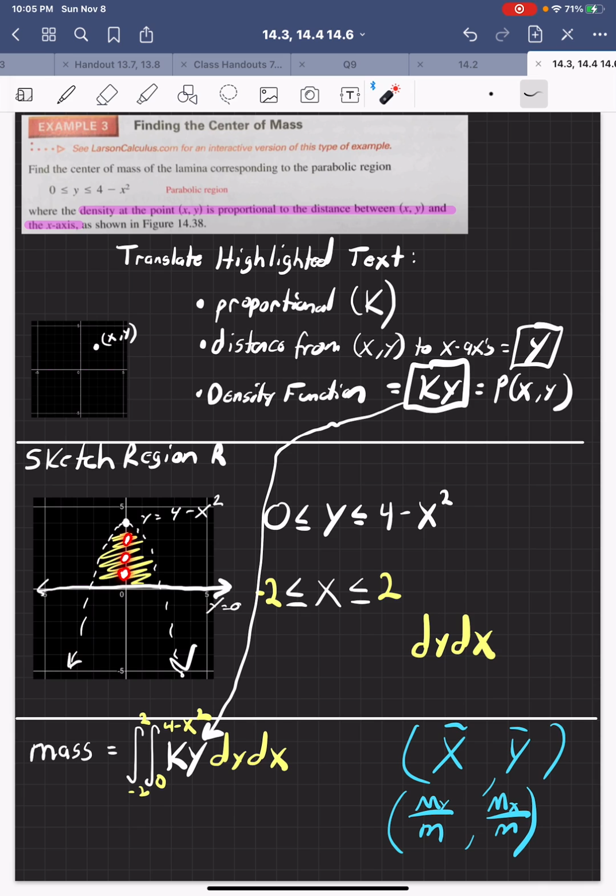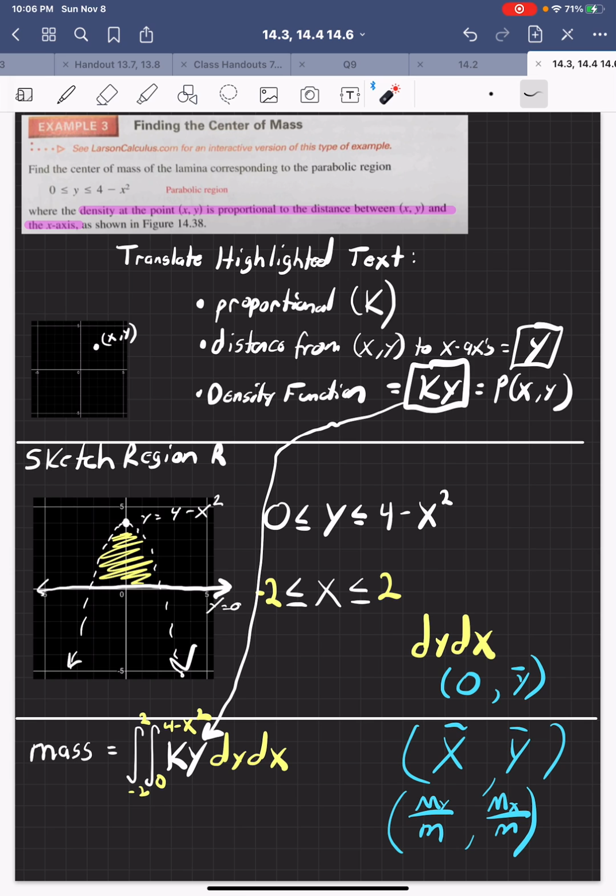So then what we know, if the point is located on the y-axis, is that the x value must be 0. So in other words, we already know that the center of mass is going to take place on the y-axis. So we already know that x bar, the x coordinate for the center of mass, is 0, just from the symmetry. But even if you were to continue with the math, you would find out that it's 0 nevertheless.